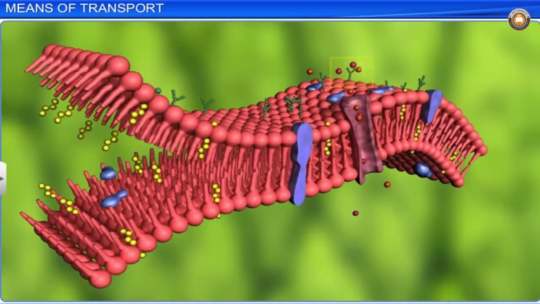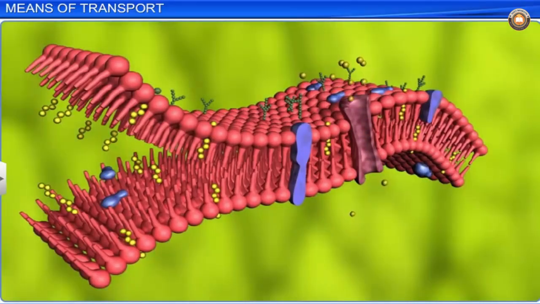In addition to their existing concentration gradient, diffusion of such hydrophilic substances has to be facilitated by special proteins called transport proteins. This type of diffusion, facilitated by proteins without any energy expenditure, is referred to as facilitated transport.